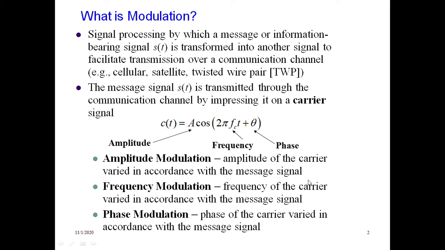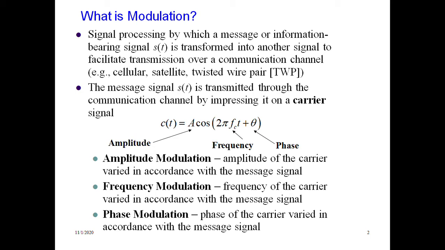During the transformation, we put the information at the amplitude. The second one is frequency modulation, where we change the frequency of the carrier in accordance with the message signal. So the message signal varies the frequency of the carrier.